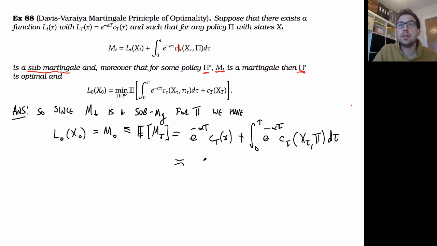Okay, so this is exactly the cost starting from x0 following a policy pi. So we know that this L of 0 of x of 0 is less than the cost function for any policy.